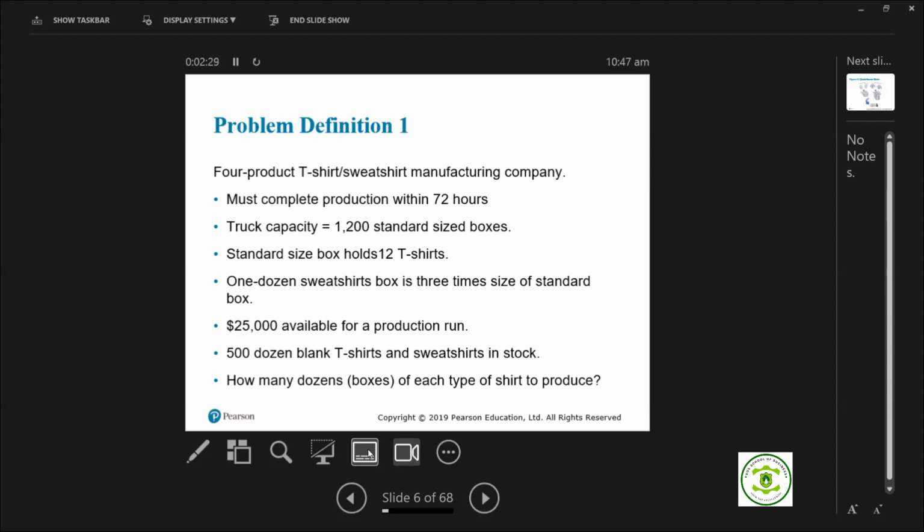How many dozens of boxes of each type of shirt should be produced? First, understand the problem, because if you don't understand the problem, you cannot construct a model.